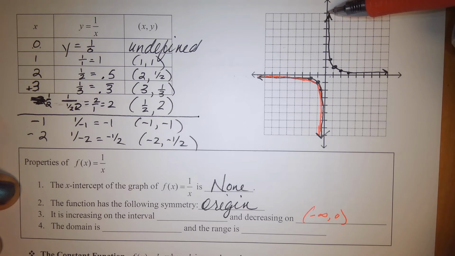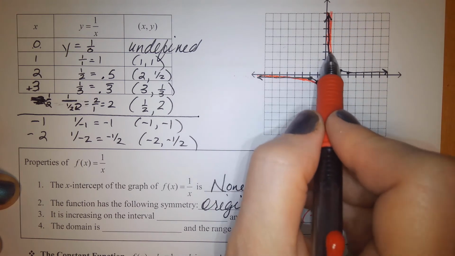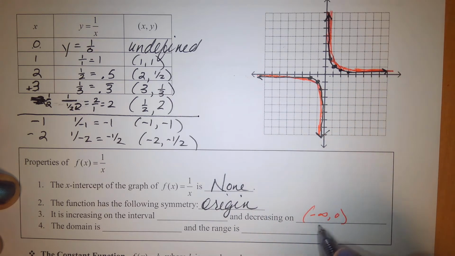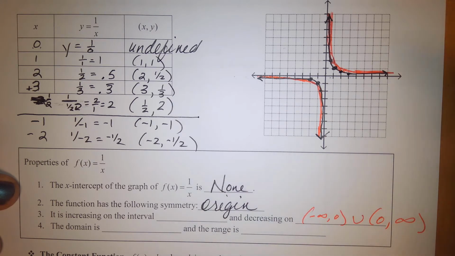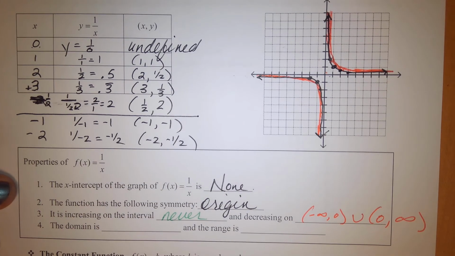Over here on this side, starting just on the other side of 0, the graph is also decreasing, and it's still decreasing forever and ever. So not only is it decreasing on the left of the y-axis, but it's also decreasing on the right-hand side of 0. We split that up into two separate intervals since it's not continuous. It is never increasing.